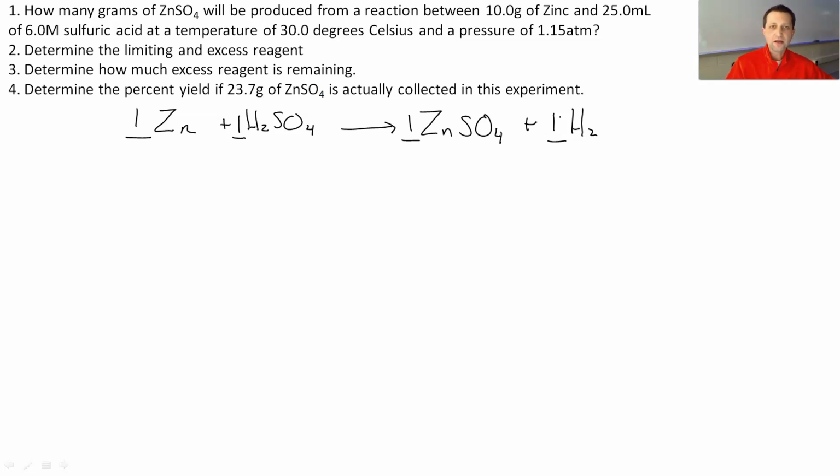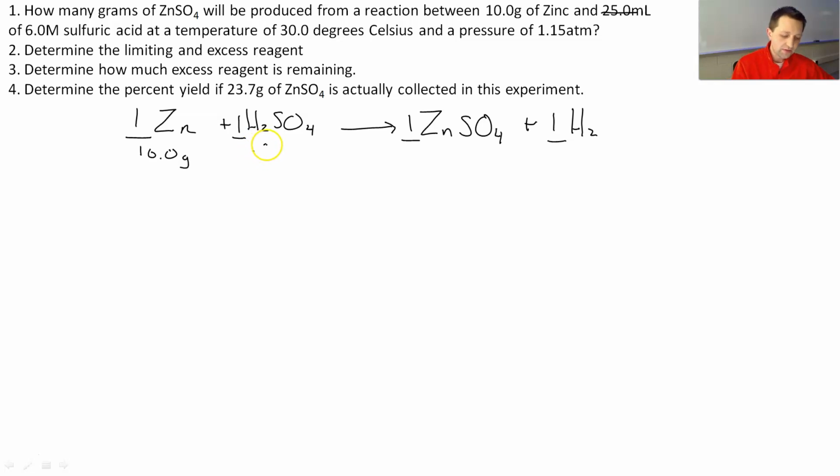Okay, let's go ahead and label our information on the problem. It says we have 10.0 grams of zinc, and we have 25.0 milliliters. So automatically, I convert that into liters because I know I have to go to liters anyway.